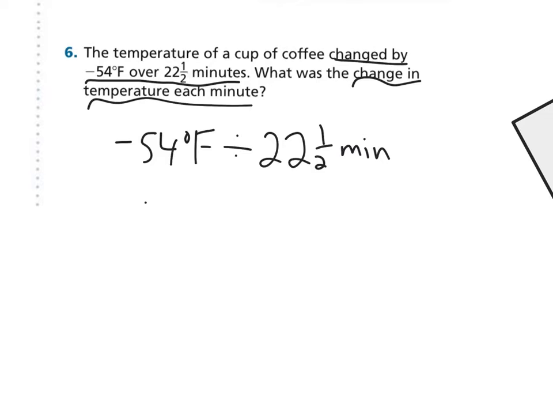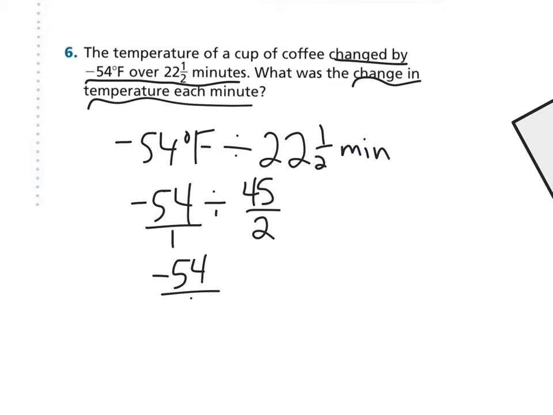And we know before we do that, we need to change the 22.5 to an improper fraction. So 22 times 2 is 44, plus 1 is 45 over 2. Negative 54 we can put over. And then how do we divide fractions? Keep change reciprocal. Good.